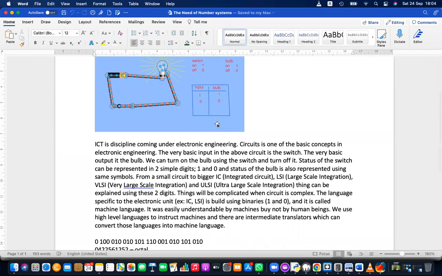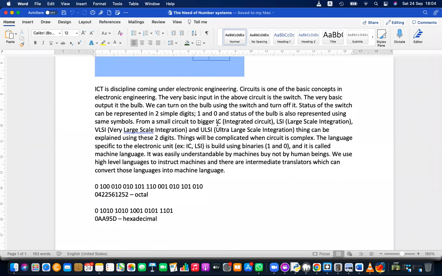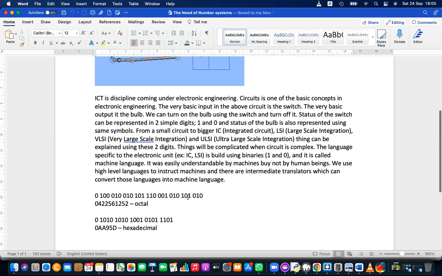But when it becomes very complex circuits, like ICs, integrated circuits, large scale integration, very large scale integration, ultra large scale integration, then this language or the 1 0 representation will become very complex, right?